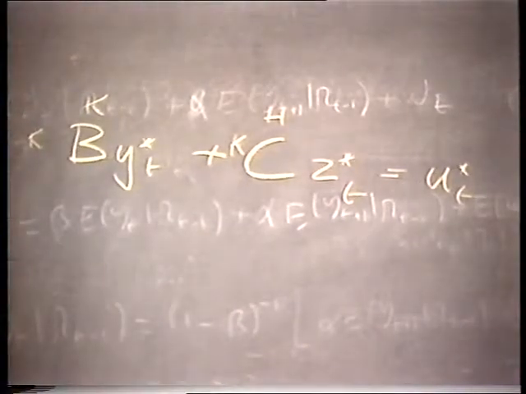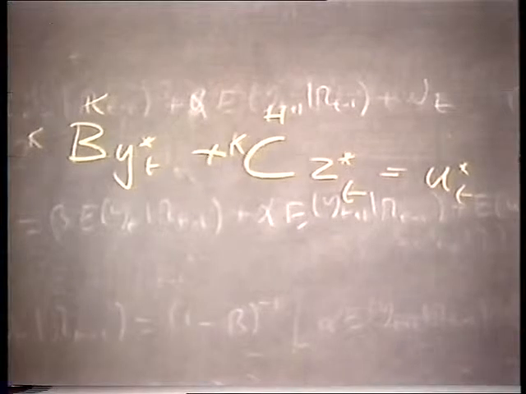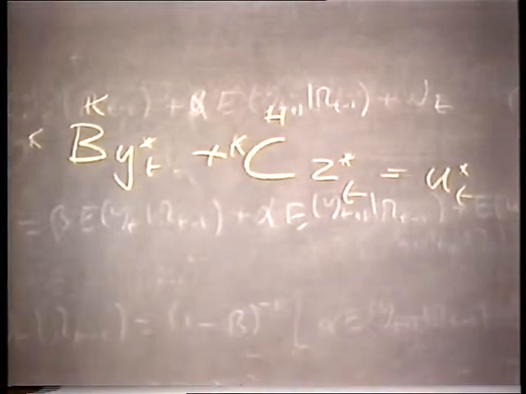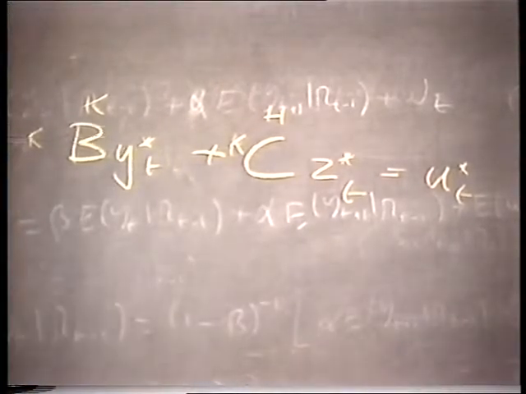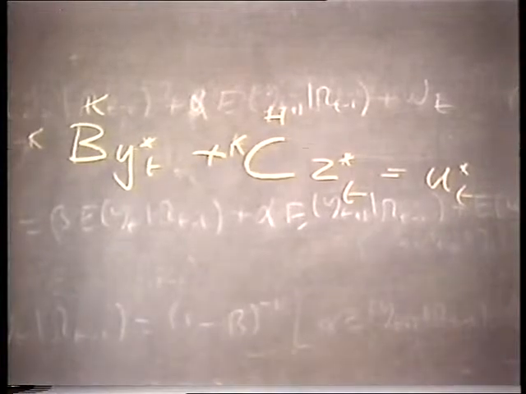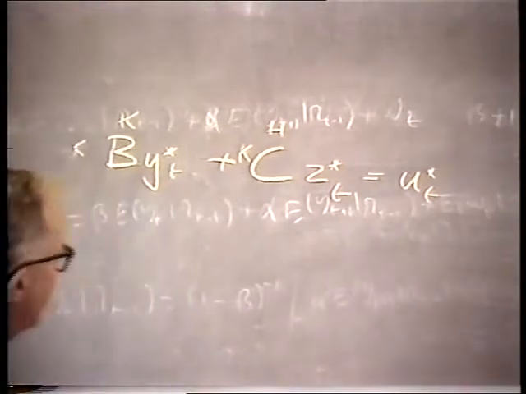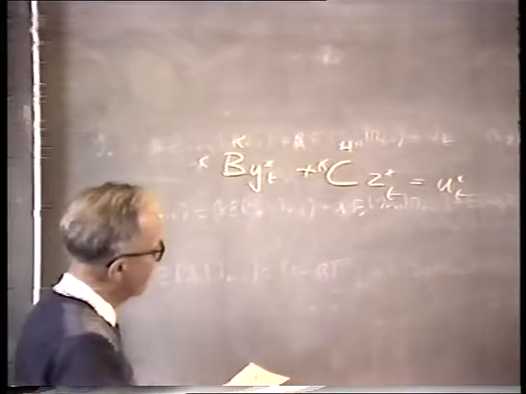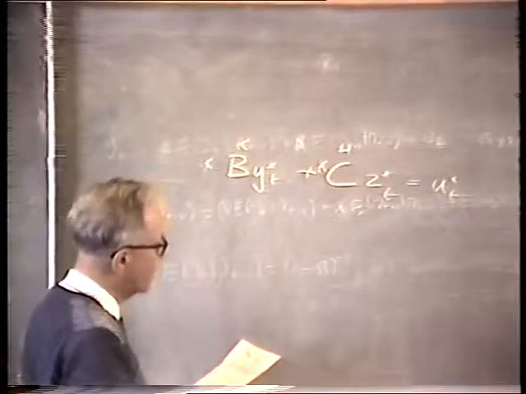of coefficients of the exogenous variables, which are the z star t. Z star t then is an h by 1 vector of non-stochastic exogenous variables. U star t is the k by 1 vector of normally distributed errors.